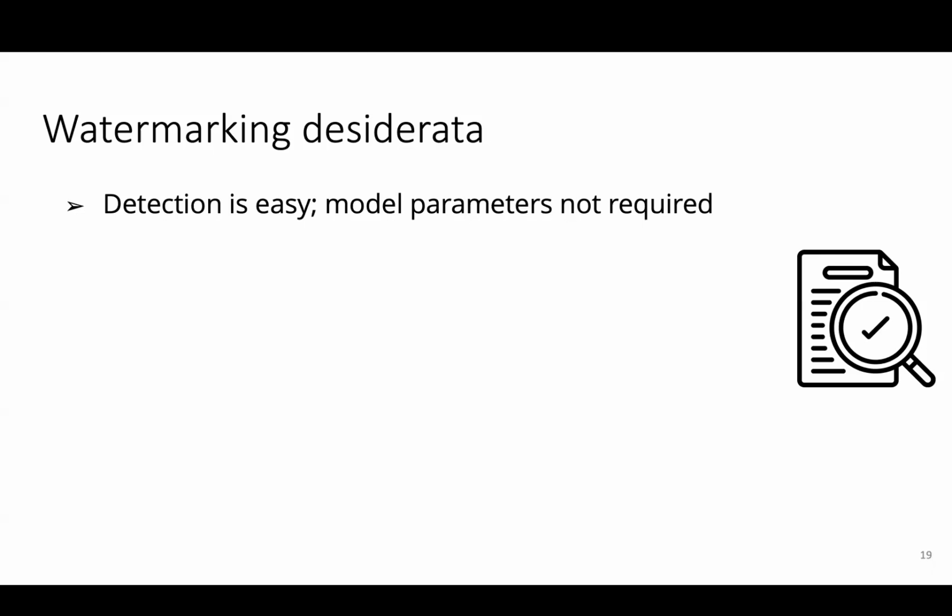That's one additional property that becomes relevant. Another property is that you don't want to retrain your model. You want to use existing models and then maybe change them to add the watermark, but you don't want to have to go back and teach the model.